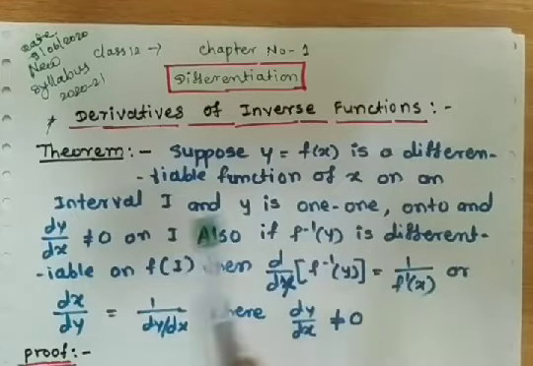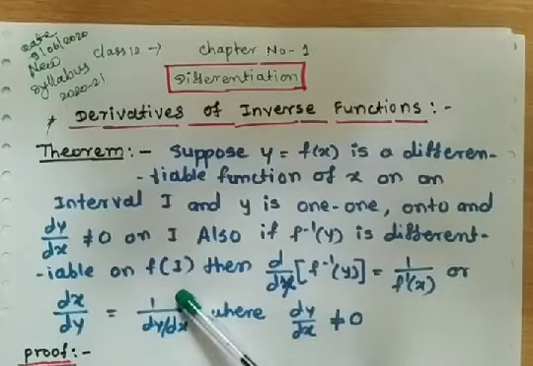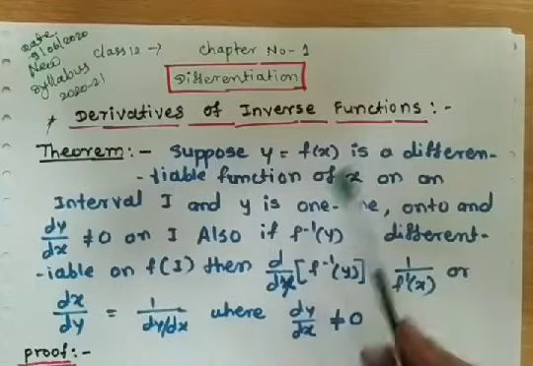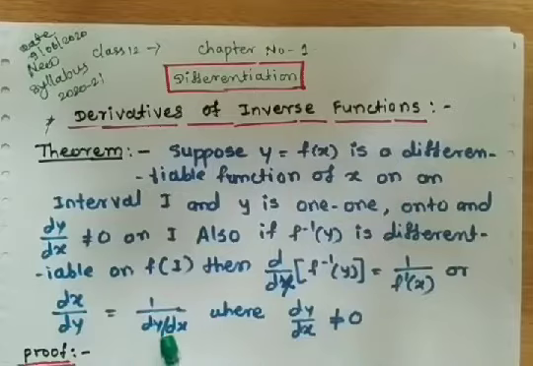I have already discussed in previous videos that dx upon dy is equal to 1 upon dy by dx, where obviously the denominator is not equal to 0. Whenever 1 upon dy by dx is taken, dy by dx must not be equal to 0.